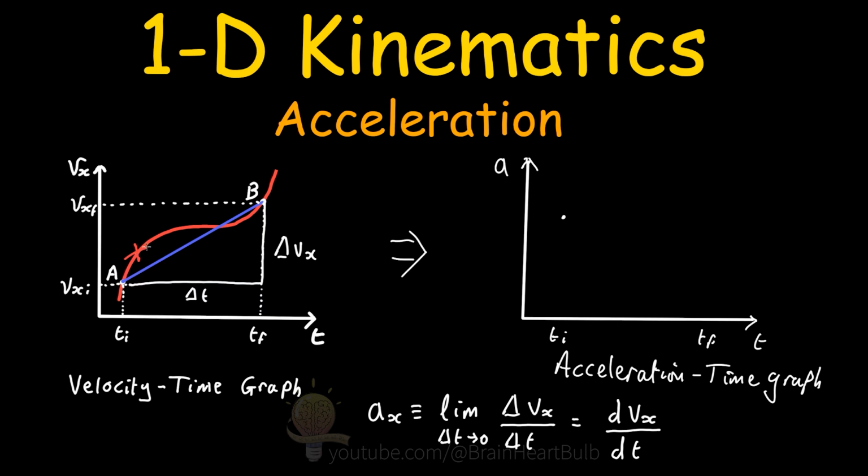Then this gradient starts to reduce until the gradient is zero. For a short time it's zero, but then the gradient increases again. Therefore, the acceleration will also increase. So it looks something like this.